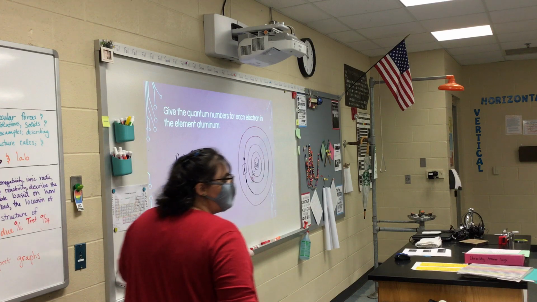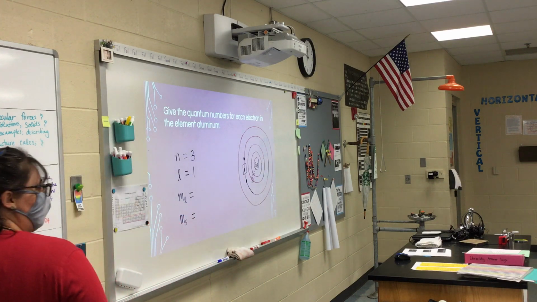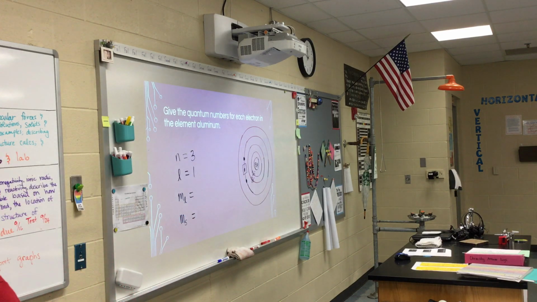Aluminum is in the P block, right here. And in this entire block, L equals 1. So for any element that's in this block, except for helium, because helium really belongs over here, every element that's in this block, the L value will be 1. Okay?